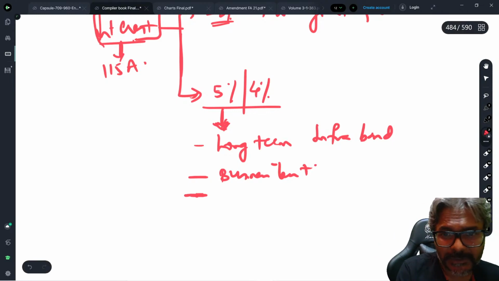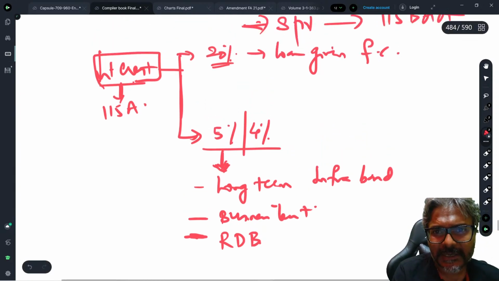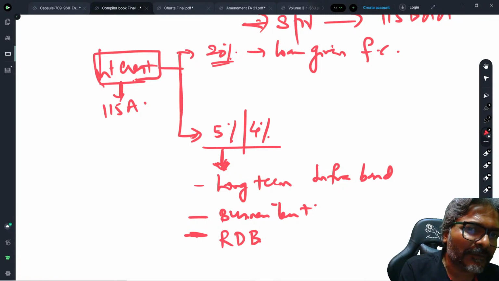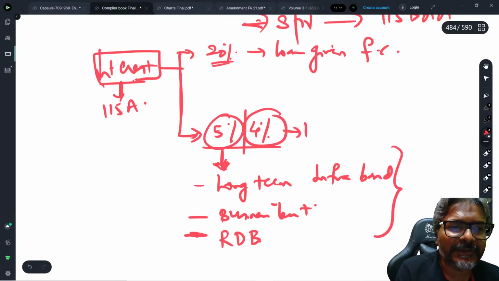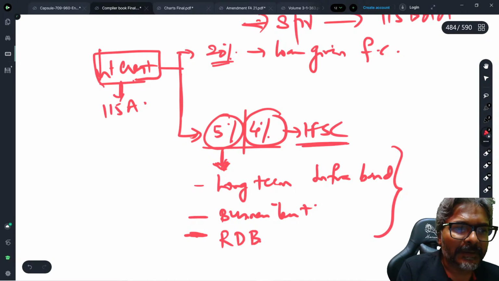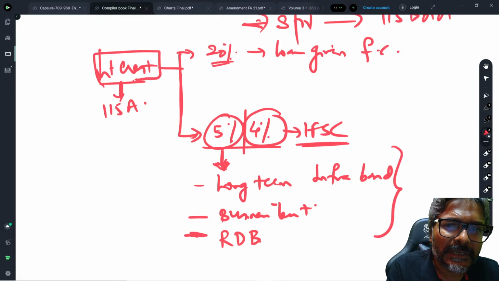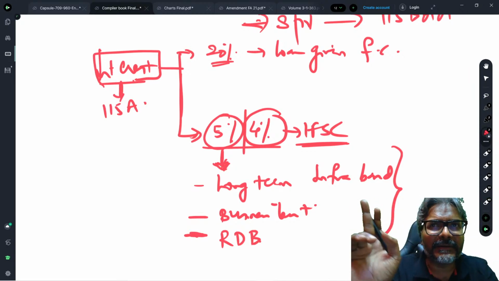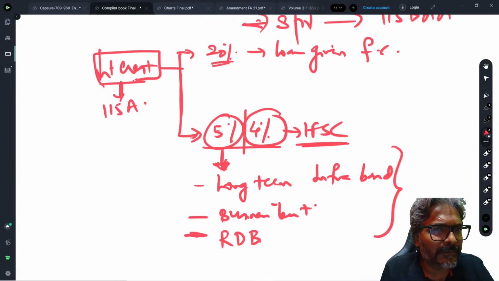And the third one is in respect of the rupee denominated bond, RDB. In these three cases, the interest income would be assessed at the rate of 5%. And where these securities are listed in IFSC, then in that situation, the interest will be taxed at the rate of 4%. Always keep that in mind. I hope that all of you are clear with this one.